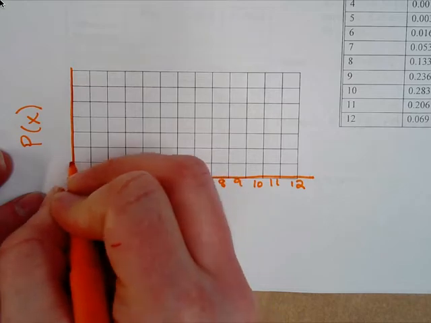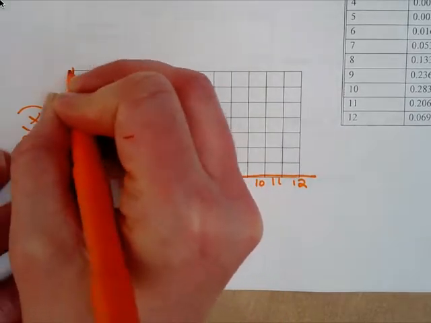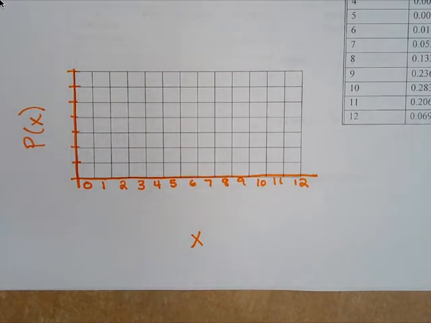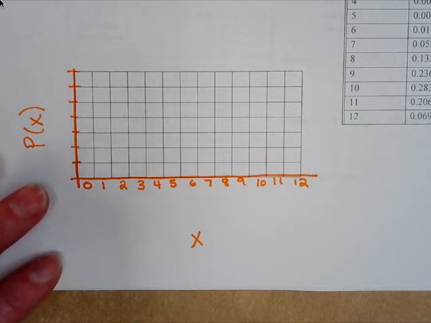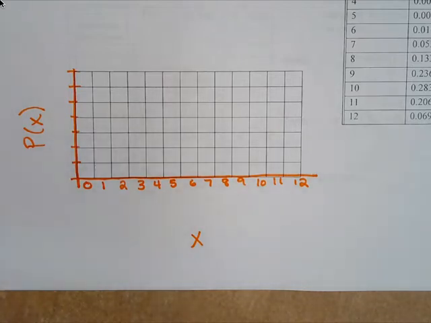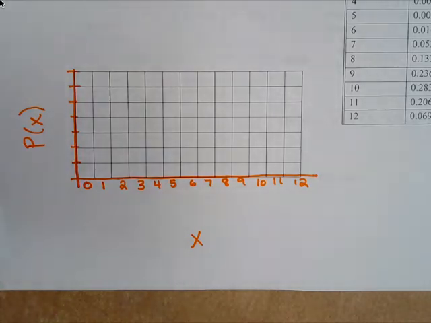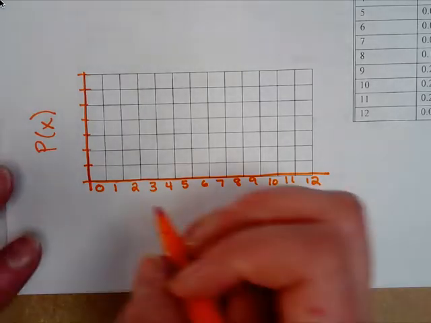So it's just like in algebra where you're trying to set up your scale. What should we go by? If our highest is 0.283 and there's 7 of them. If we do 0.04, we'll get up to 0.28. And it's just like right there. So I think going by 0.04 would work.